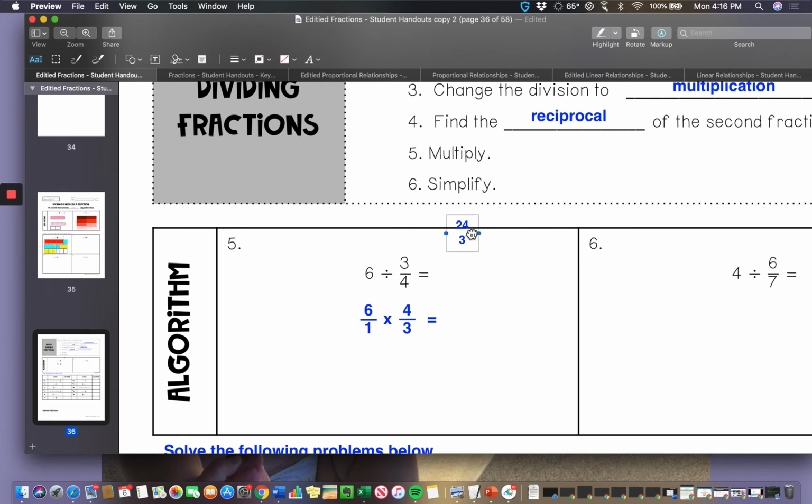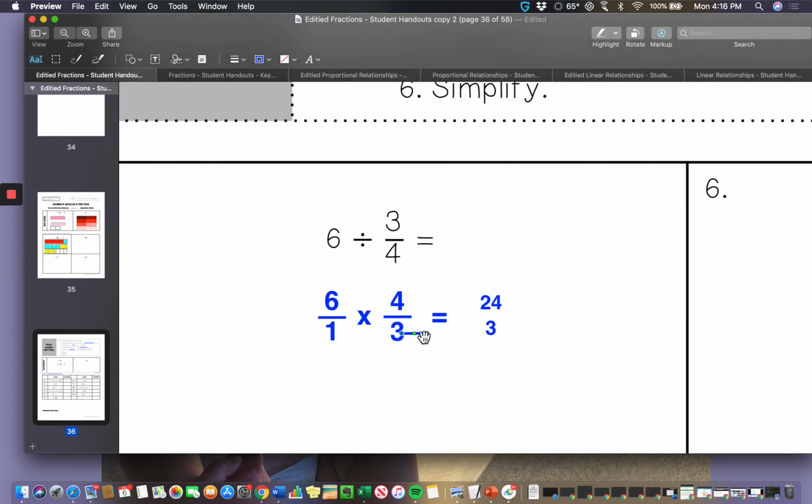Now, I'm actually okay with you keeping this as an improper fraction, okay? But if you needed to make this as a mixed number, you would just need to see how many times 24 divided by 3 is. Well, 24 divided by 3 is also the same as saying 8.